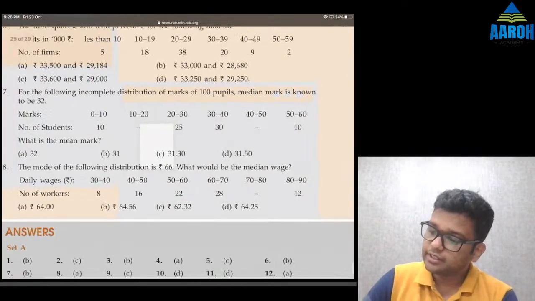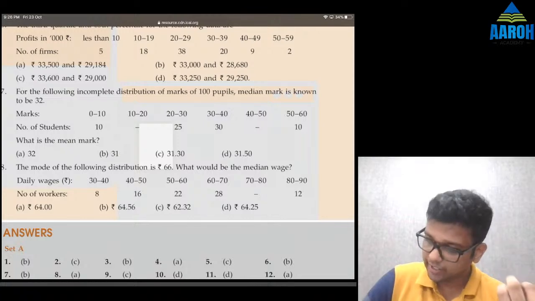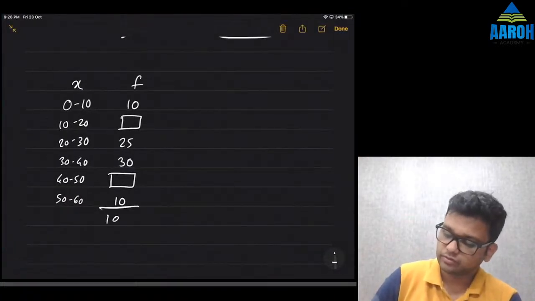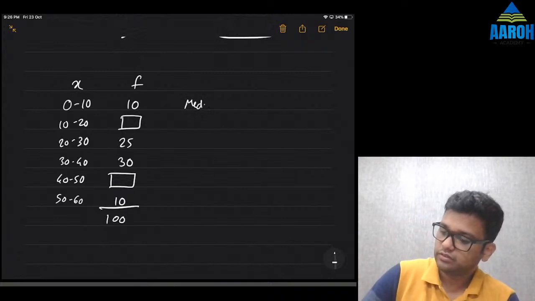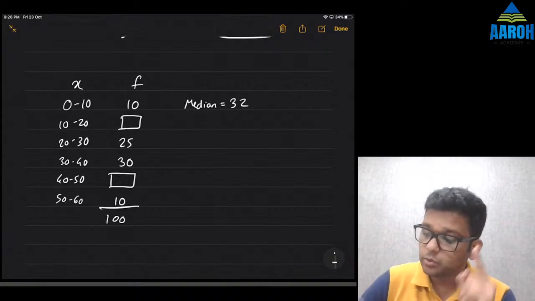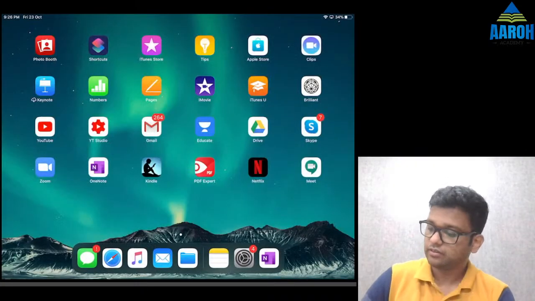And what they are saying is there are 100 people, that means summation F is 100 and median is 32. Median is 32, that means this is the median class because 32 is between 30 and 40, right?